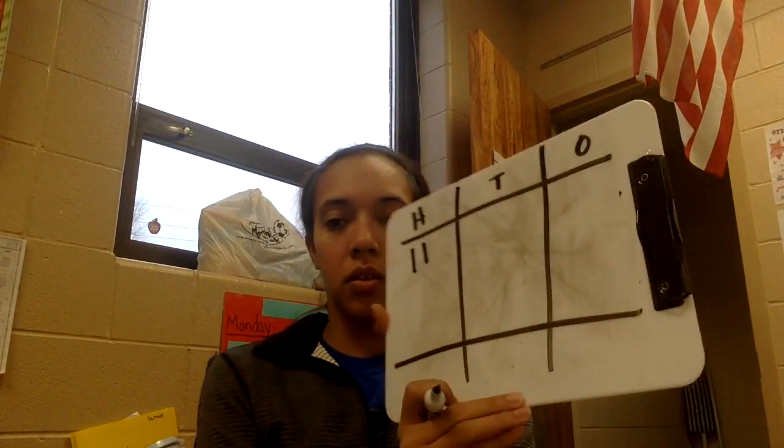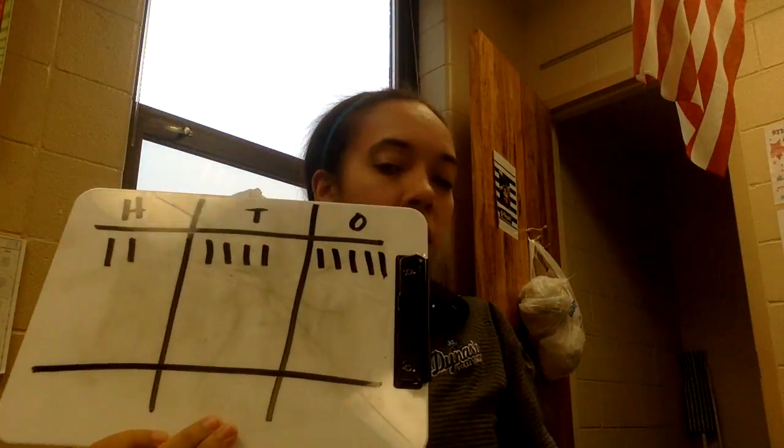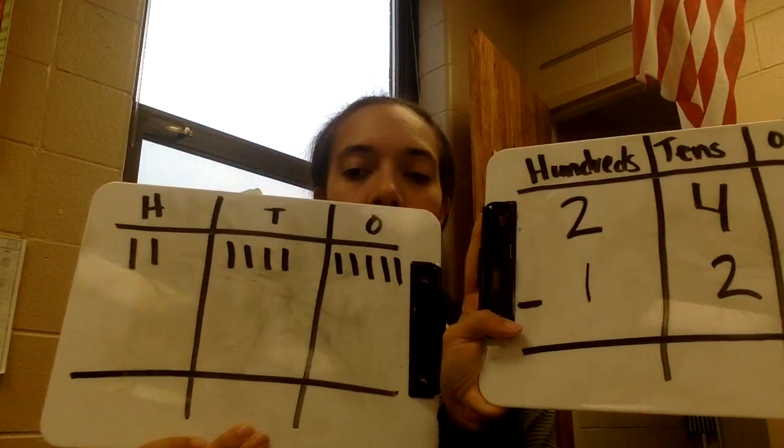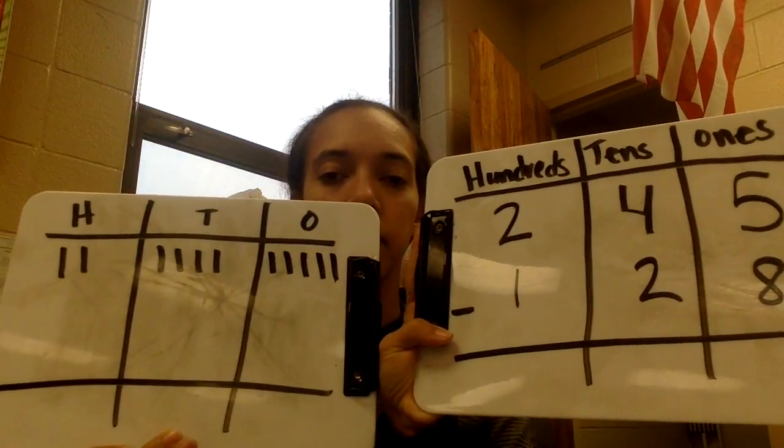2 hundreds, 4 tens, and 5 ones. So this is what I should have, 245.